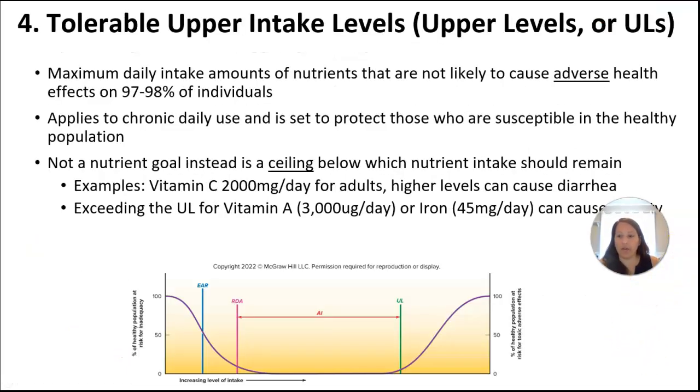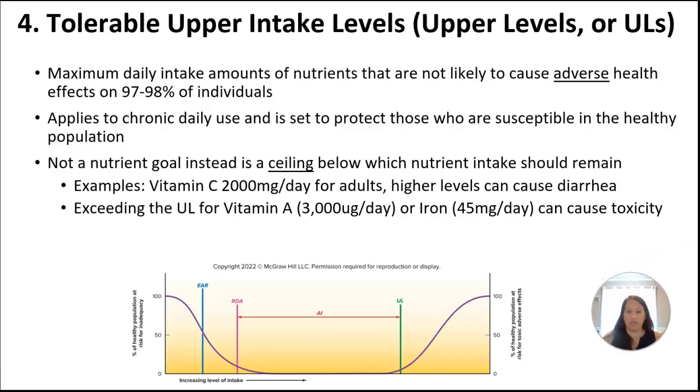Okay, the fourth standard are the tolerable upper intake levels, or I usually use ULs for short. And if I come down here to this table again, or graph, you can see again, here's EARs, enough to meet the needs of 50%, RDAs, enough to meet the needs so that only 2 to 3% are deficient.